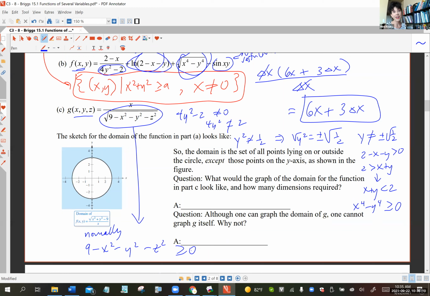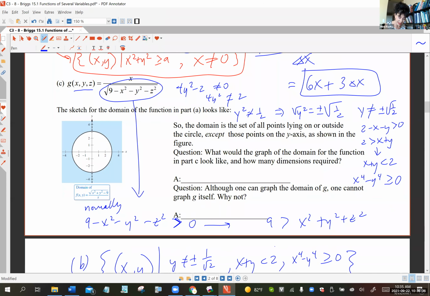But because this guy is in the denominator and you never want denominators going to 0, instead of the greater than or equal to, this one's going to be strictly greater than. So that's the big difference. And then I'm going to add x squared, y squared, and z squared to both sides of the inequality to make it look a little prettier, like so. And then I'm going to even rewrite it again because the typical thing is to put the x squared plus y squared plus z squared less than 9.